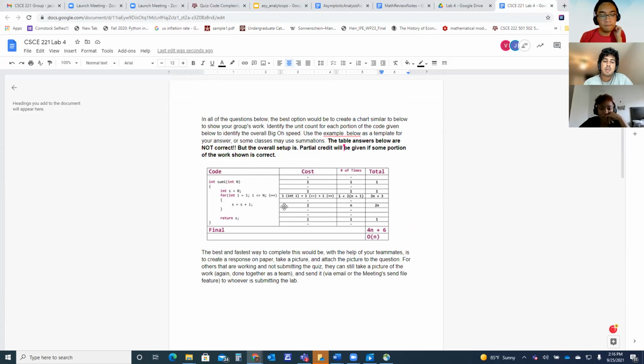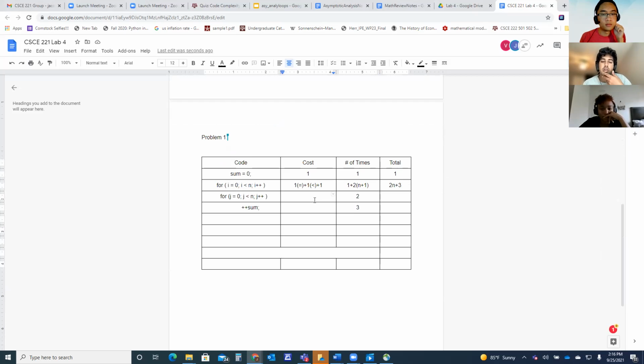I think the same would apply to the nested loop though, thankfully. Yeah, the same for the loop itself, but the operation inside would be n squared, right? Yeah, because we're running this n squared times, because each of these for loops is going to call a set of these for loops.